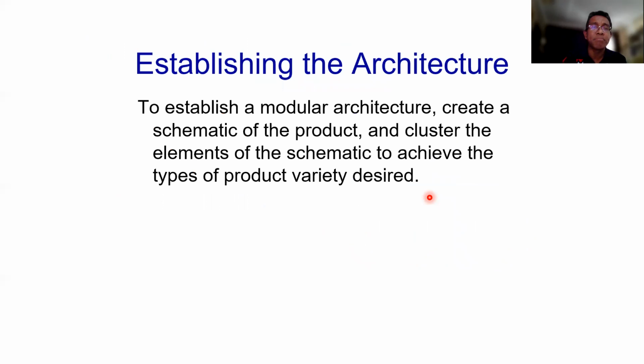And then we already learned how to establish a modular architecture to create a schematic of the product and cluster the elements. From there we can make product type variety like I said just now. We can make several varieties based on standardization, based on clustering the product itself.